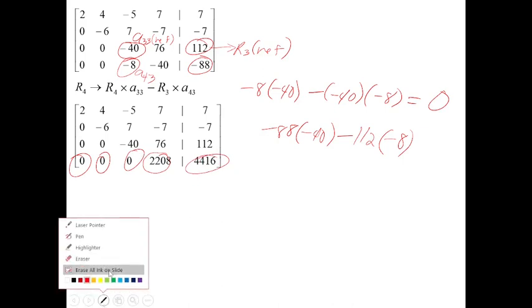Tapos, mag-apply tayo ng back substitution. O, by back substitution, ito, 2208x4 equals 4416. Ibig sabihin nito, 0x1, 0x2, 0x3, 2208x4 equals 4416. Yun ang interpretation niya. So, anong sagot? 2 po, sir.